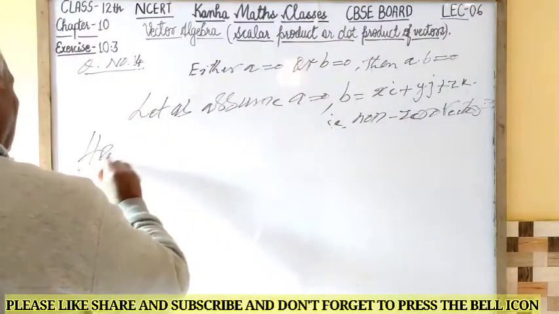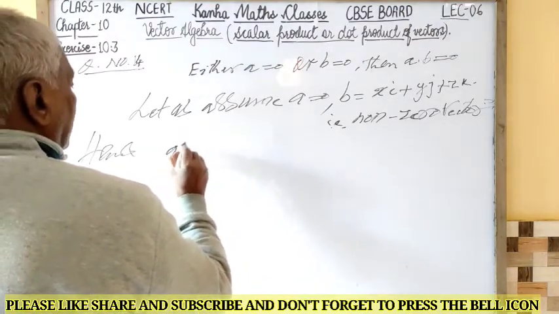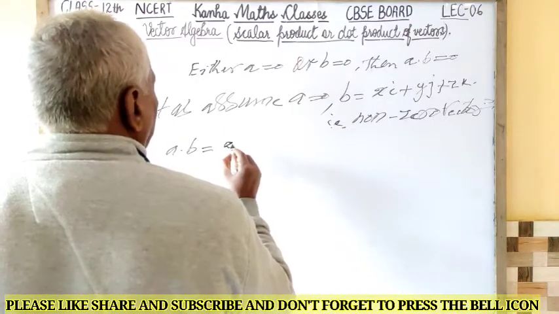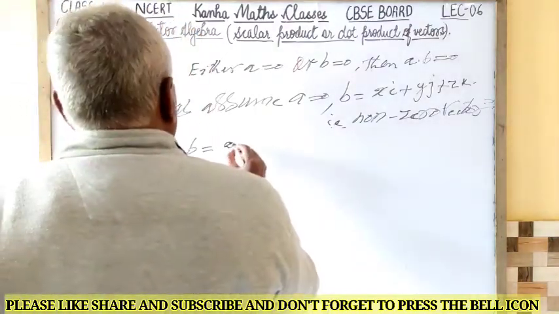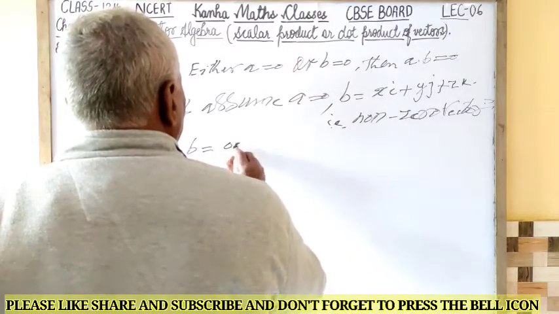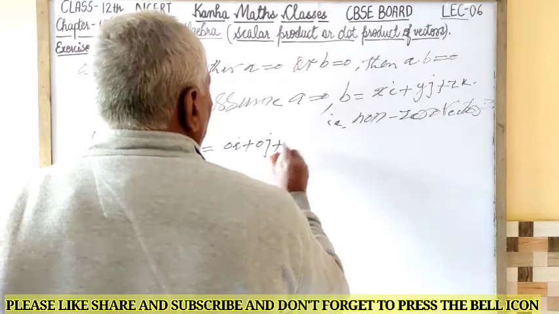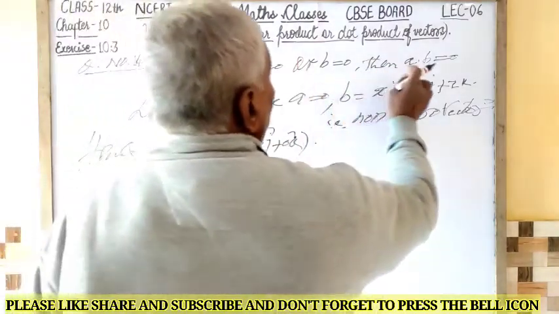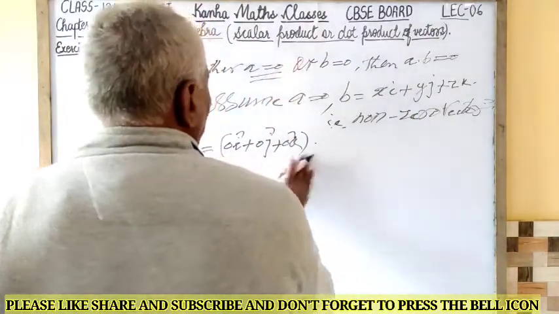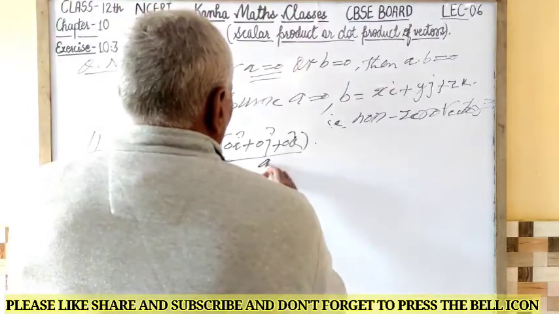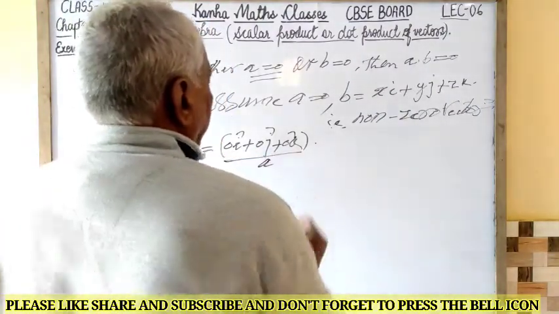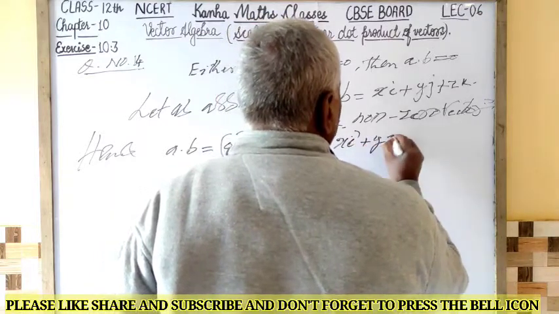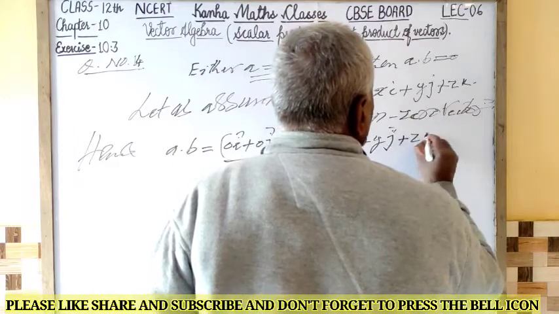Hence, the dot product A dot B is equal to, instead of A we will write 0i plus 0j plus 0k, dot B, which is xi plus yj plus zk.